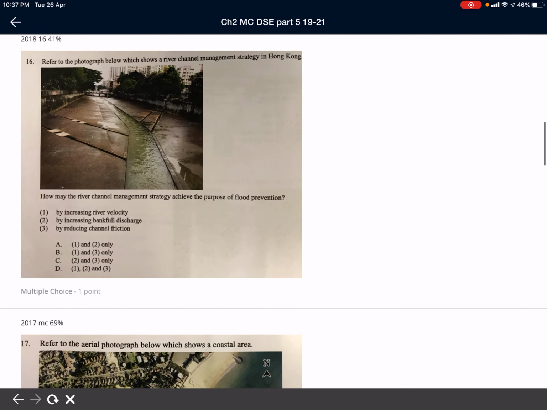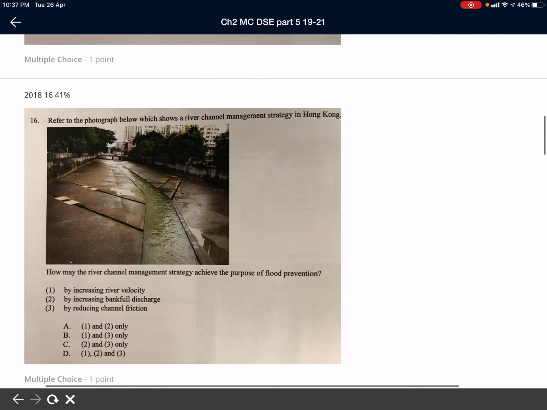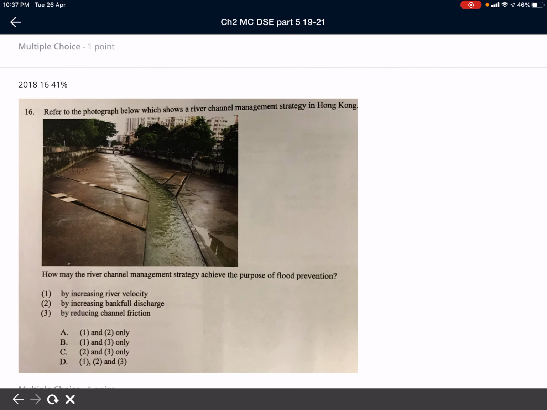So number 16, and this is channelization. Channelization can increase the velocity for sure. And channelization can also increase the discharge, because originally the lateral channel is narrow, but right now it's widened, so the discharge should be increased.